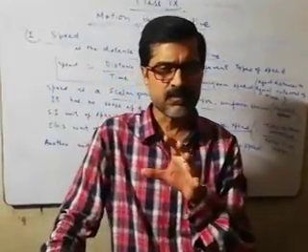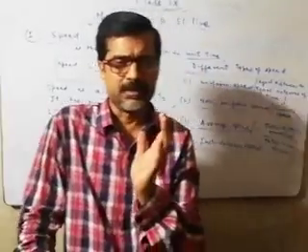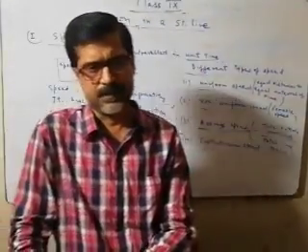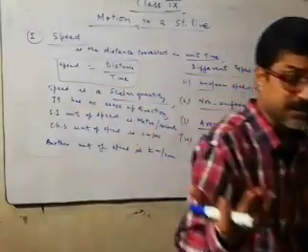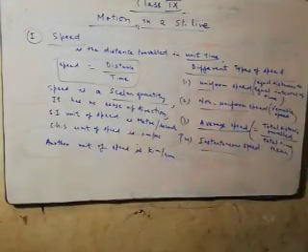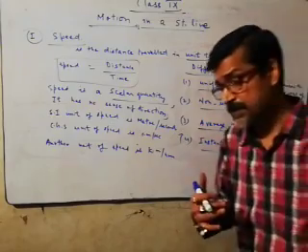And thereafter we will talk about velocity also. Okay, velocity. What is the meaning of velocity? What is the difference between speed and velocity? How does average velocity differ from average speed?